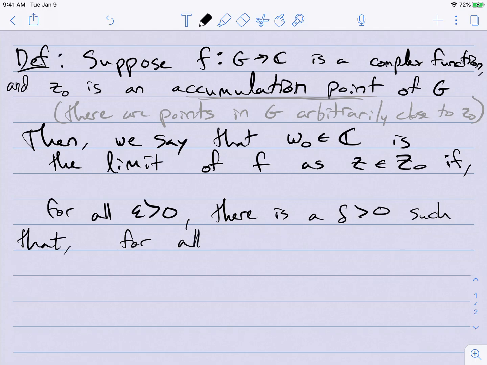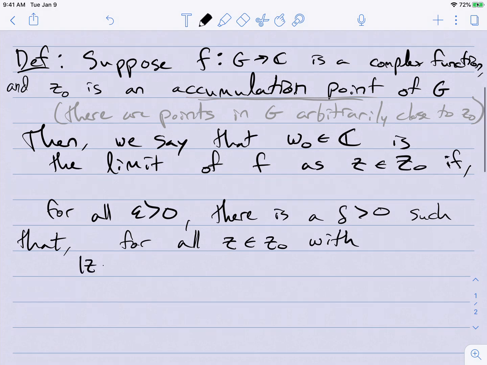for all points in the domain, so for all z near z naught, such that the distance from z to z naught is less than delta. And we don't care about the point z equals z naught.